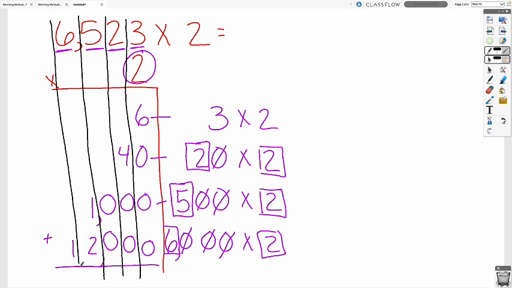So let us add the numbers in the ones place. 6 plus 0 plus 0 plus 0 is 6. 4 plus 0 plus 0, 4. 0 plus 0, 1 plus 2 is 3. And bring that 1 down. So our final answer is 13,046.